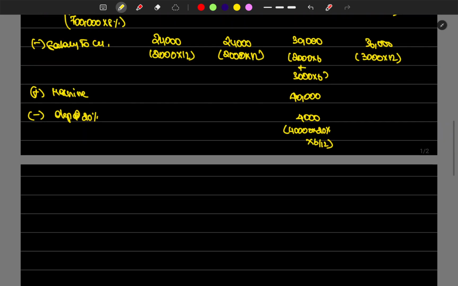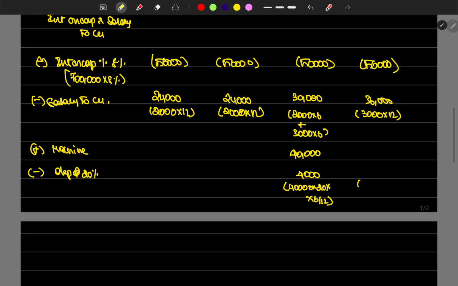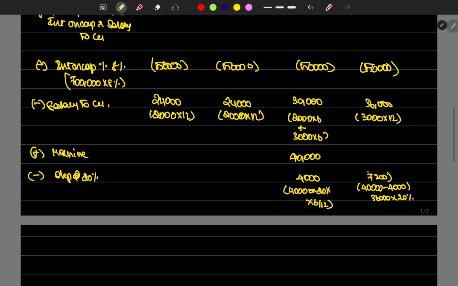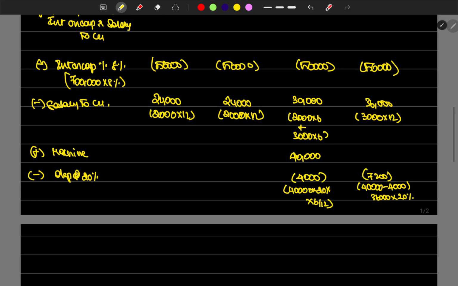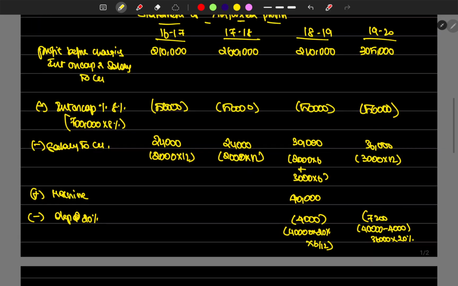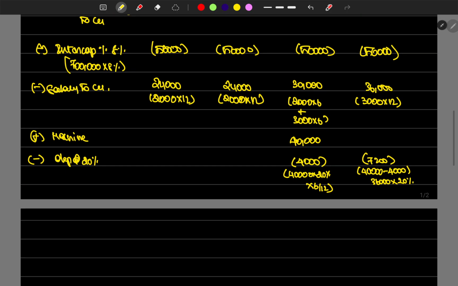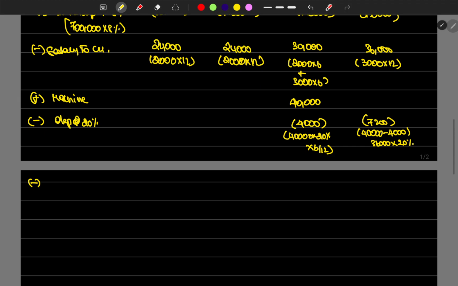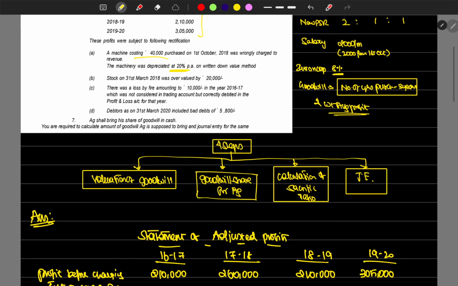The machinery is depreciated on the WDV method, so we have to reduce the existing depreciation from the original asset value, which comes to 36,000 into 1 year, and 20% comes to 7,200. Okay, 7,200 is the depreciation. Depreciation part over.